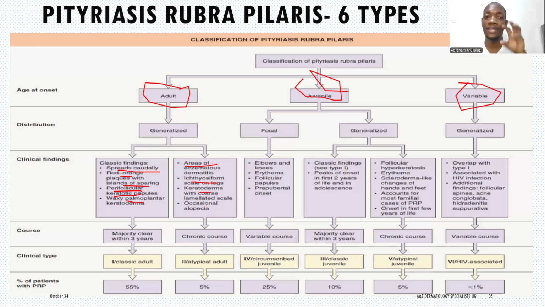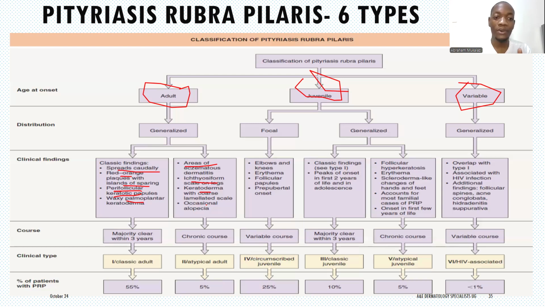So you will not see the typical sites, but you will see some keratoderma, some ichthyosiform scale, areas of eczematous dermatitis, and they can also get alopecia. So that is the atypical adult type.